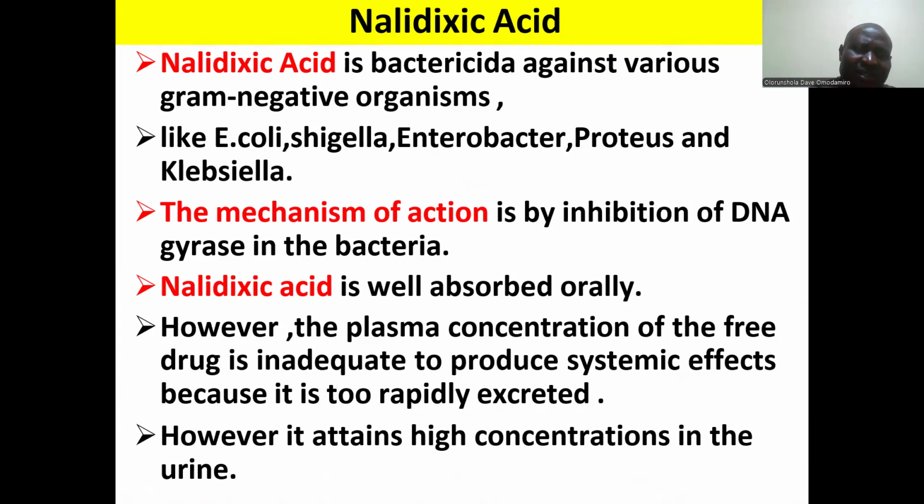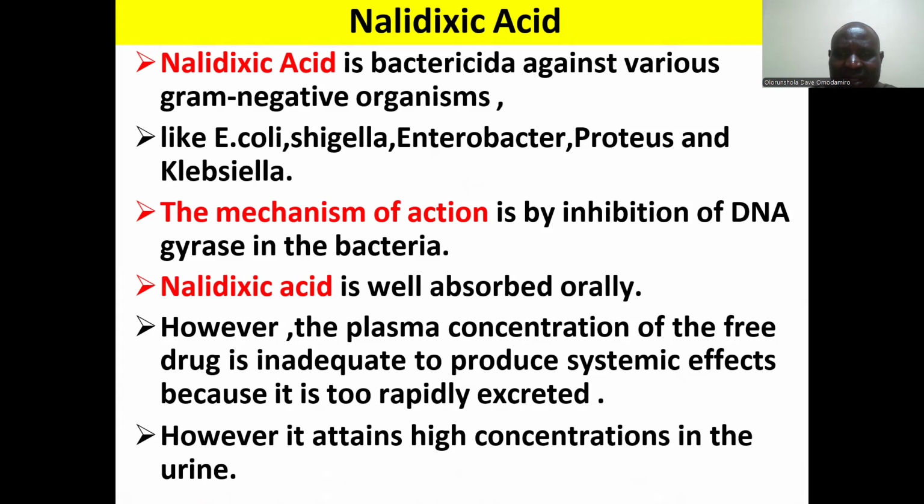The mechanism of action of nalidixic acid is inhibition of DNA gyrase, which is the same thing as DNA topoisomerase 2. This enzyme is involved in the unwinding of the supercoiled strand of the DNA.